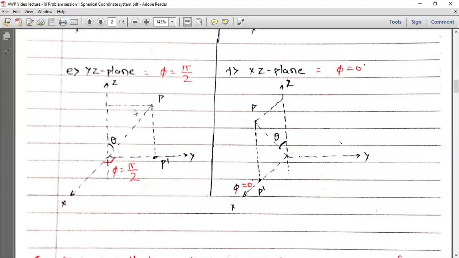Since point P is in the yz plane, the perpendicular from point P to z and y will intersect at this point P dash, the point A. Since the y-axis lies in the xy plane, the projection of point P in the yz plane on the xy plane will intersect the xy plane at the y-axis itself. So point P dash is on the y-axis always.